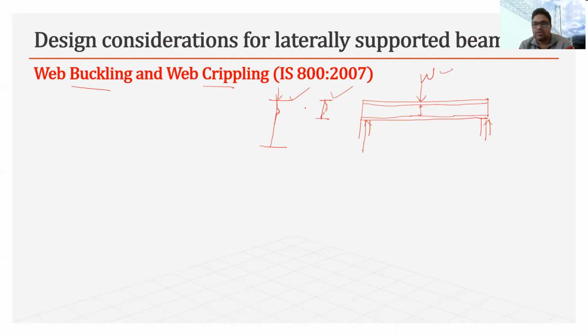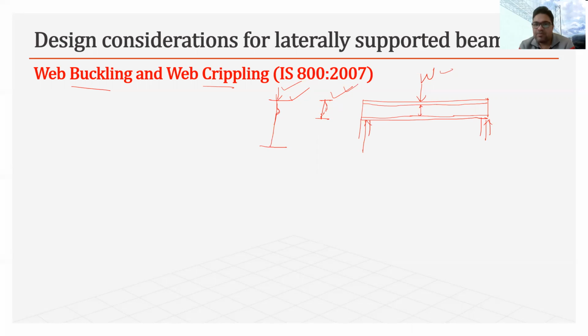So we need to check our beam while we design our laterally supported beam. We also need to check our beam for these two criteria, the web crippling strength and the web buckling strength of the beam. The web buckling strength depends again on the flange to web thickness ratio.